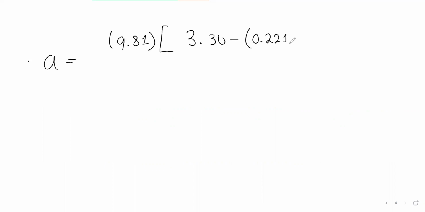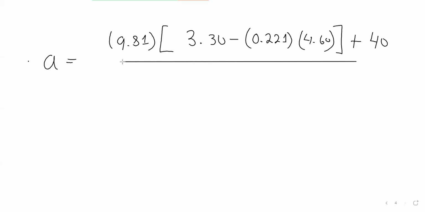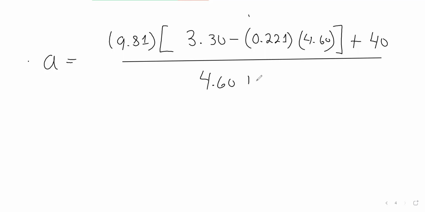We can plug in the numbers. A would be, let's see, G, 9.81, times M2, 3.30, minus mu, 0.221, times M1, plus the force of 40 newtons, all divided by the sum of the masses. Let's see what we get.